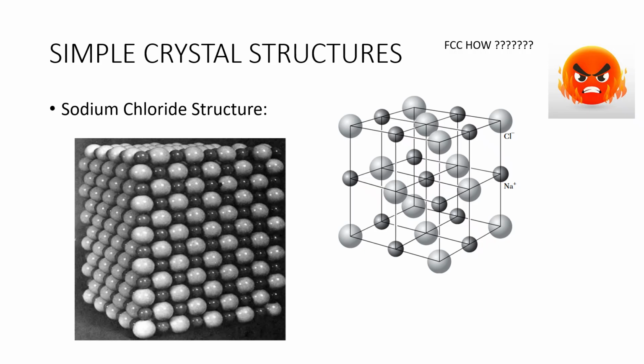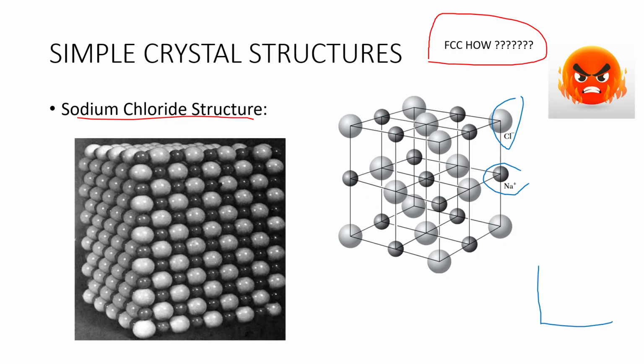Simple structures. So this is the sodium chloride structure. I was very mad when I found out this is an FCC structure, but since I spent a lot of time on it, let me tell you in a simple way. Sodium chloride is nothing but Na plus and Cl minus. Here the crystal is FCC, but what is happening is the lattice is FCC.